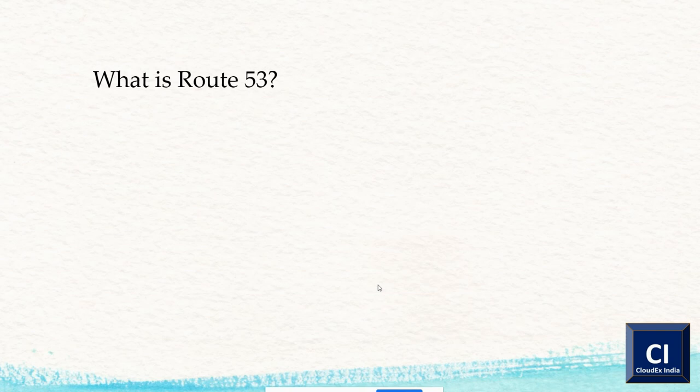So what does a DNS service do? Take the example of your phone. In your phone directory, you have multiple numbers saved with names, maybe your friends' names, office colleagues, or relatives. Why do we do this?